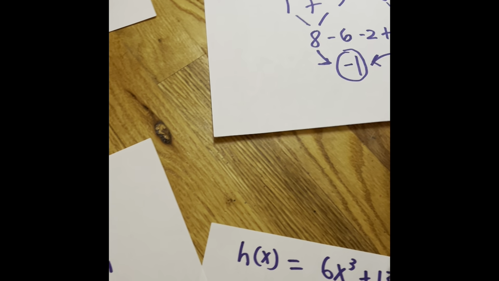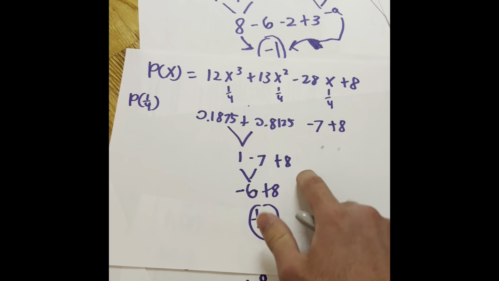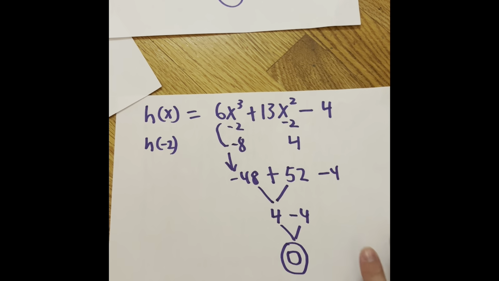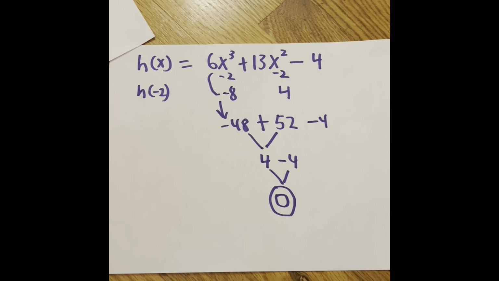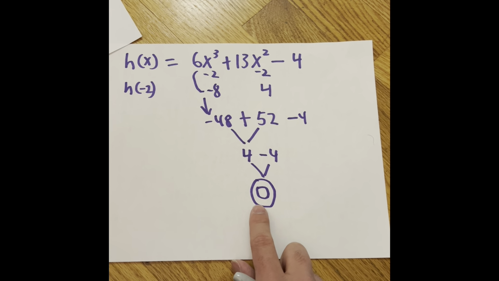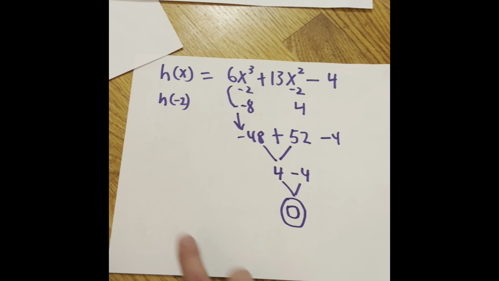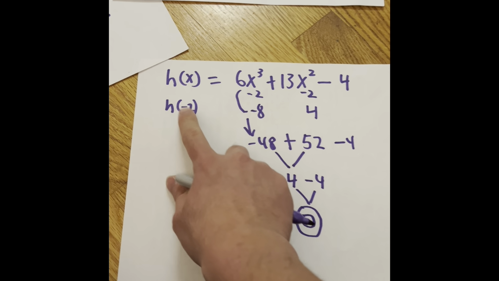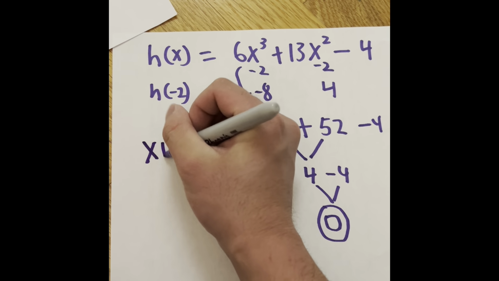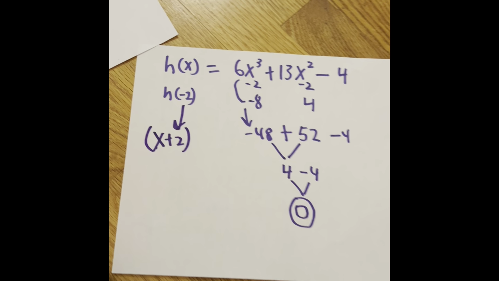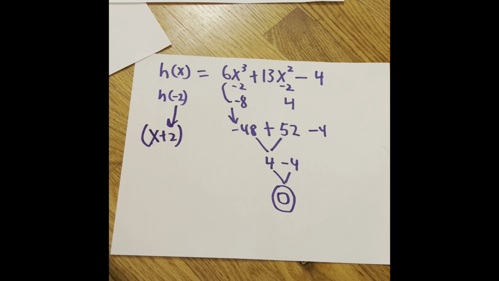Is it number 2 right here? Or is it number 3 right here? Yeah, it's number 3. Since we have a remainder of 0, we can say that there are no remainders, and this right here, x plus 2, because it's the opposite of what we put in, is going to be a working factor that drives you to no remainder.